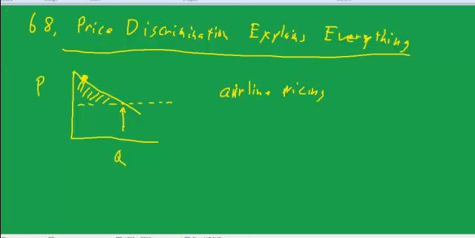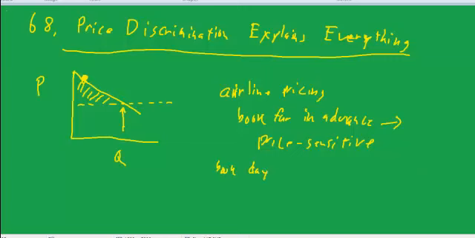So one of the ideas is if you book far in advance, that's a signal that you're price sensitive. If they're going to get you to go on this particular flight, they're going to have to offer you a low price. Whereas if you book days in advance, and in particular on a weekday, you look like a businessman.